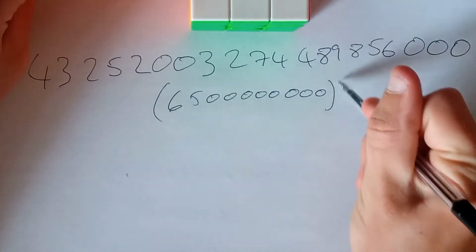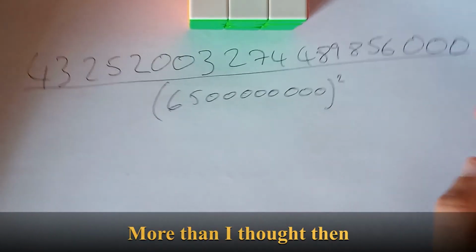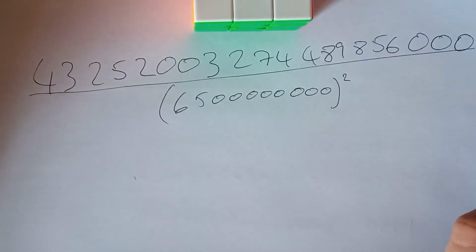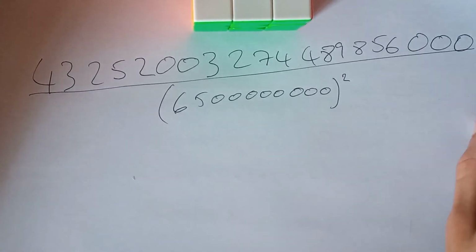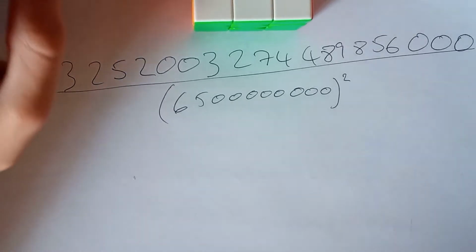So that squared is approximately equal to the total number of combinations. So now, in 2021, we're in a situation where if everyone in the world sent a cube to everyone else in the world, randomly scrambled, one of them would probably statistically be solved. Probably. It's by no means a guarantee.